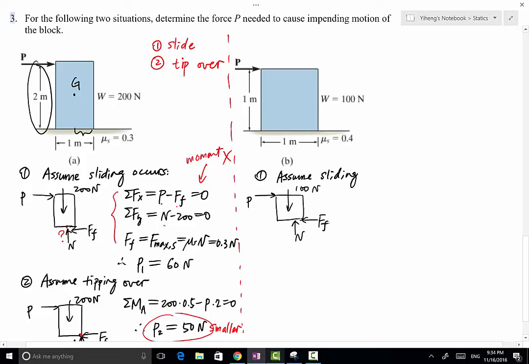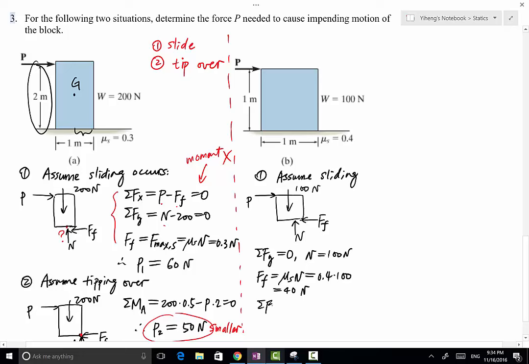Frictional force is here. According to equilibrium equations, because the forces along the y direction equal 0, we can solve for the normal force to be 100 Newton. Because sliding is about to occur, the frictional force equals mu_s N, which equals 0.4 times 100, which equals 40 Newton.